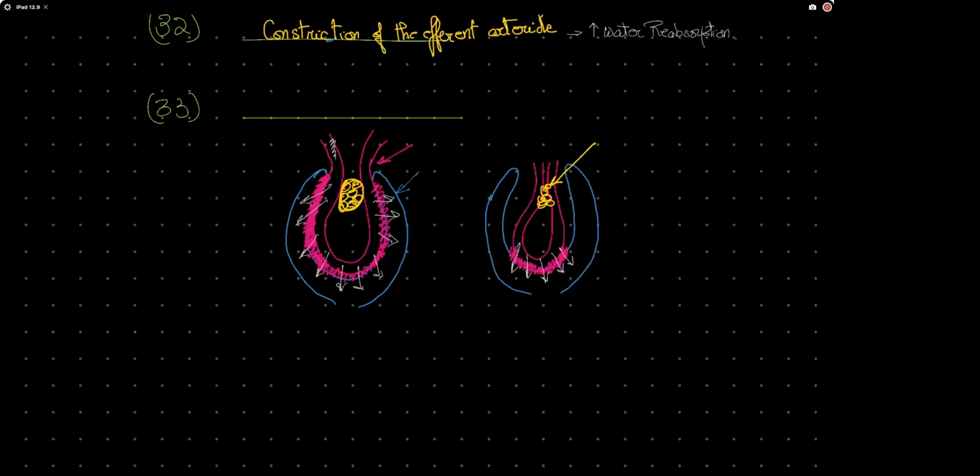So again, last mechanism of action that we're looking at today for angiotensin 2, by which it increases the blood pressure, is by performing a contraction of the extraglomerular mesangial cells.